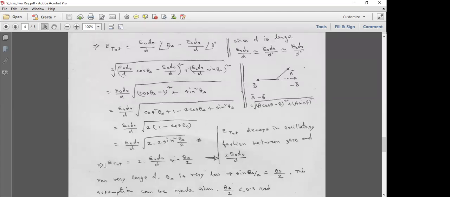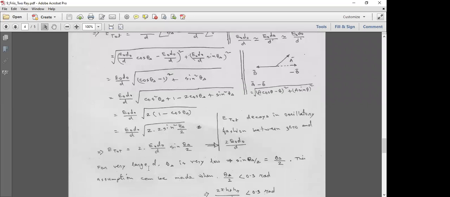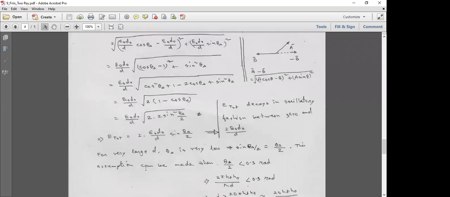So E total equals 2 into E naught D naught by D sine theta delta by 2. It shows that E total varies in an oscillatory fashion. Of course, as you increase D, it will keep decaying, but there is also an oscillatory variation.